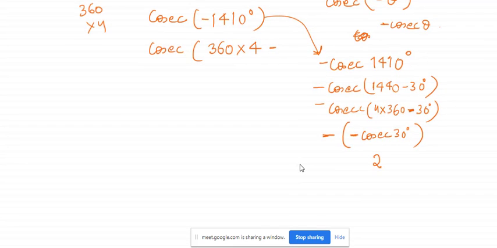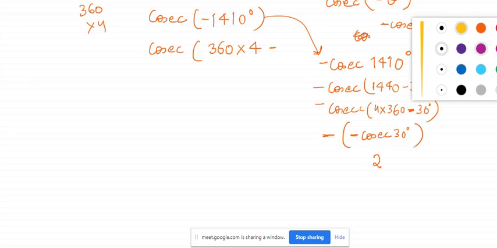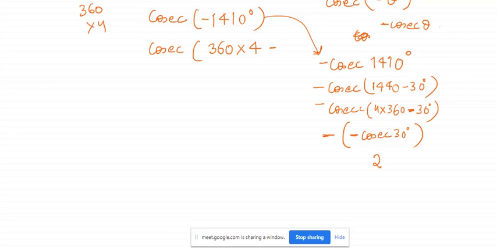So this is one of the ways, and you have another way as well. Wait, I'll explain the other way also. The other way is very simple. If you have minus theta, you can also write it as 360 minus theta. You can add 360 any number of times, so the value will not change.